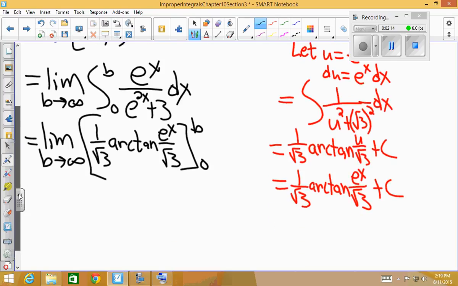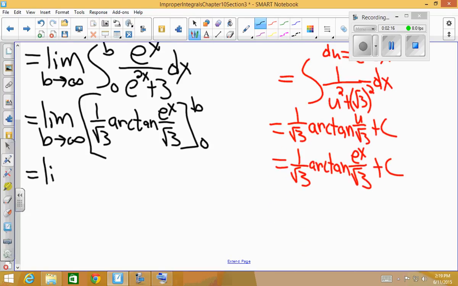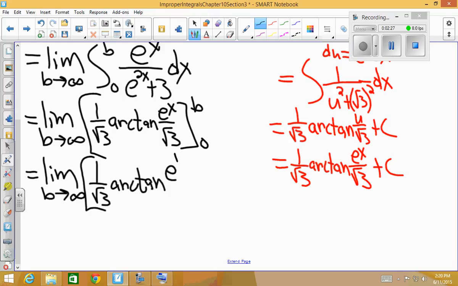So first we substitute in b, so e to the b divided by the square root of 3, minus, then we substitute in 0.